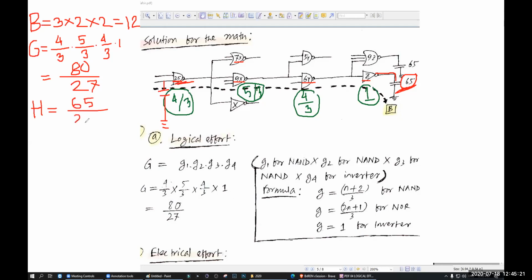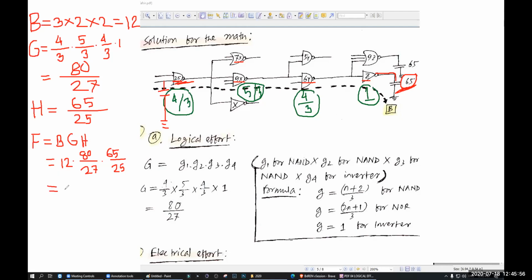25. That is the equal of your input capacitance, 25. So there is your H. Do not make it decimal, keep it like that. Now, what is your F? The formula for F was BGH. Your B is 12, G is 80/27, and your H is equal to 25.